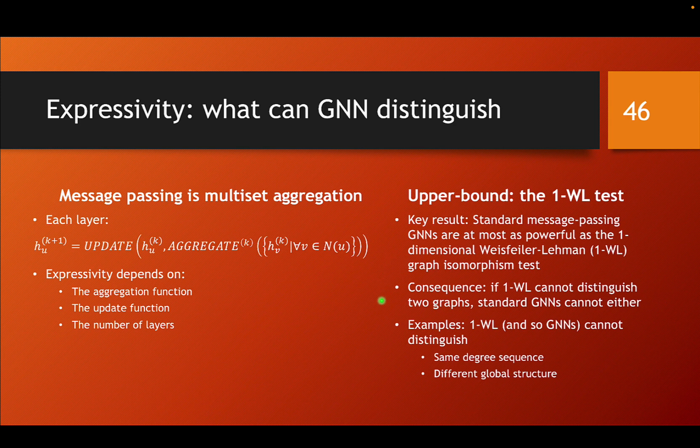And so the consequence is that if 1WL cannot distinguish two graphs, then standard graph neural networks cannot do that either. And I want to give you an example, and I continue it in a visual way on the next slide. 1WL, and so GNNs, cannot distinguish graphs that have the same degree sequence but different global structure.